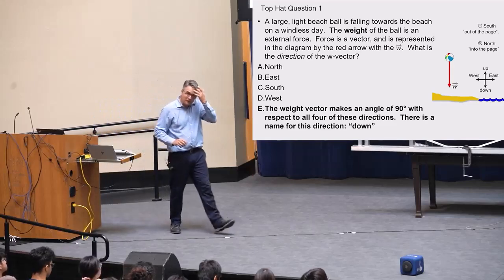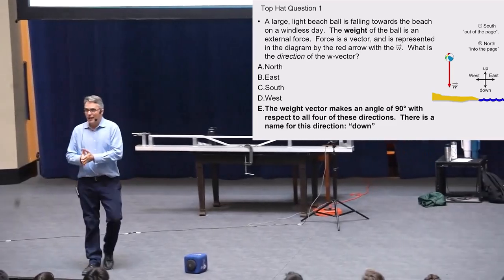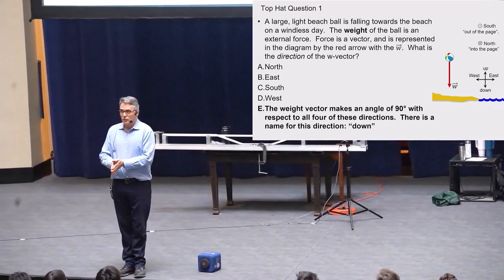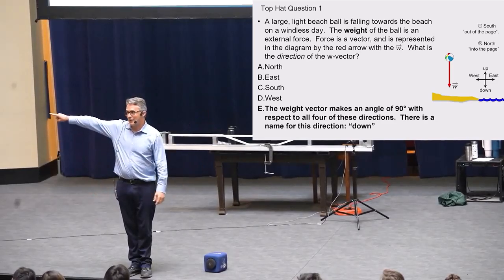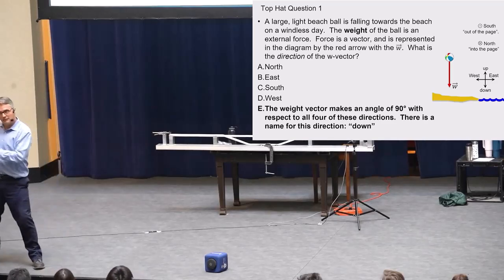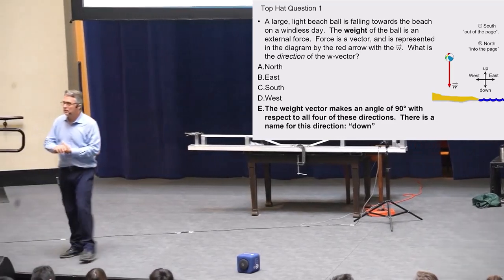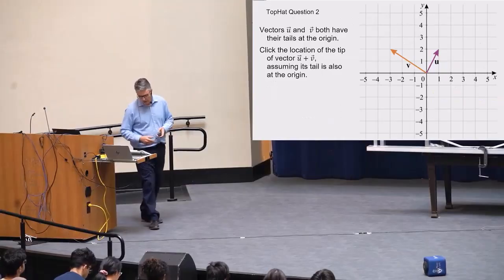And so there is a word for the direction that the beach ball falls. It's called down. And so north is that way, south is that way. So balls don't fall that way, they don't get pulled in that direction. Make sense? It's 90 degrees away from south.